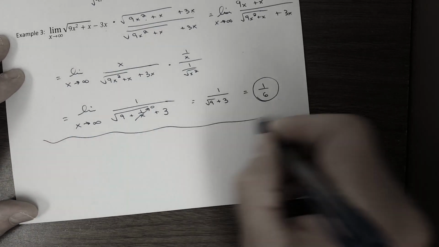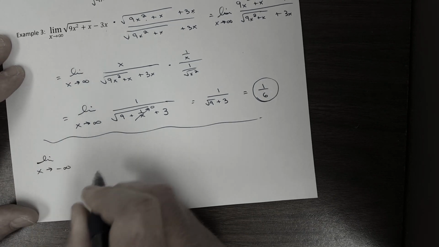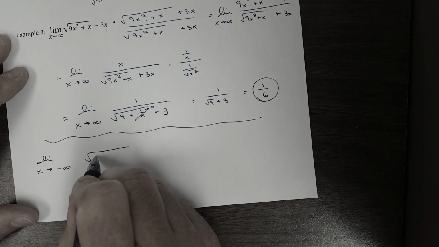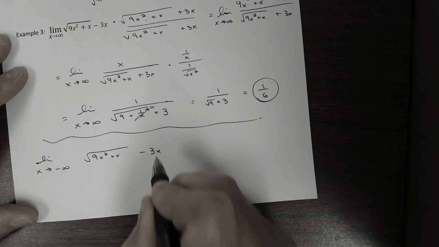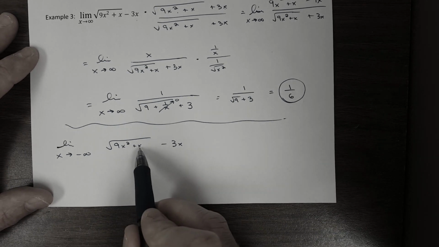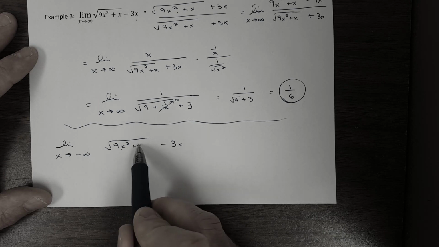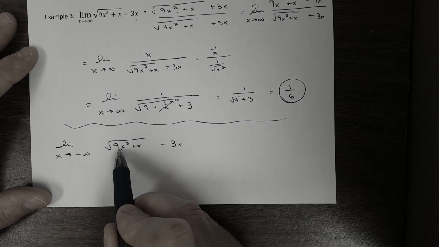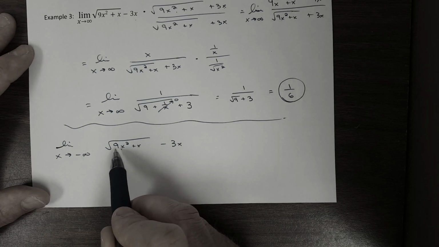Let's take a look at the limit as x approaches negative infinity. If we plug in a huge negative number, again, this is very little influence compared to this, so we can ignore this. As I plug in that negative infinity and square it, that becomes positive, and multiplying it by 9 is insignificant.